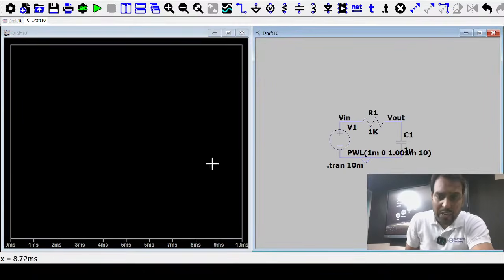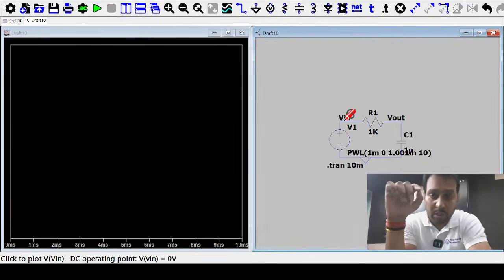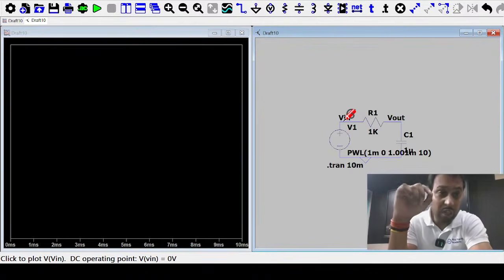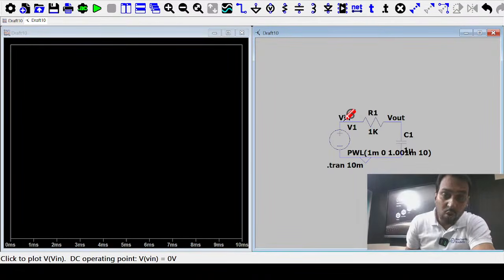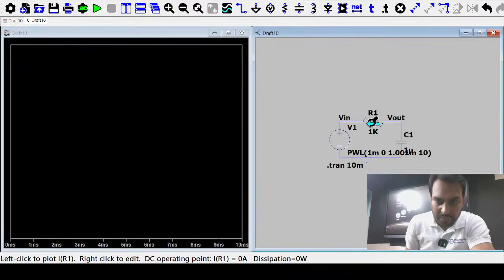So when you simulate it, you find the simulation graph. This is the output response, given on the black sheet. When you click on a node, it gives you the voltage. Whenever you go to the element side, it gives the current.